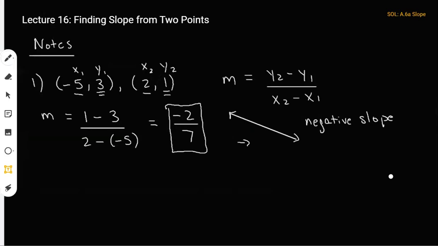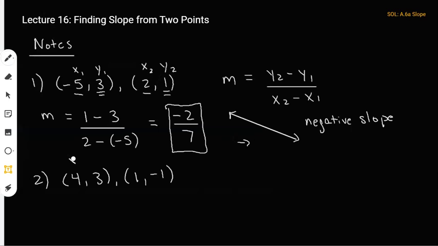Okay, let's try number 2. Number 2 gives us 4, 3, and 1, negative 1. So the first thing I want to do is label all my x values.